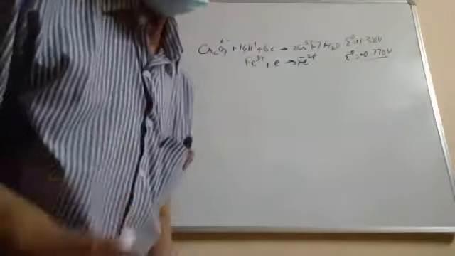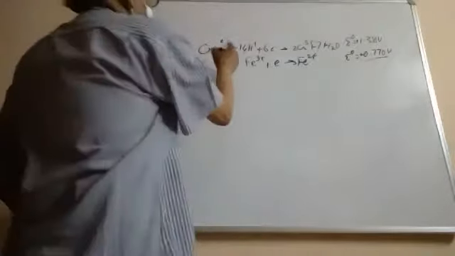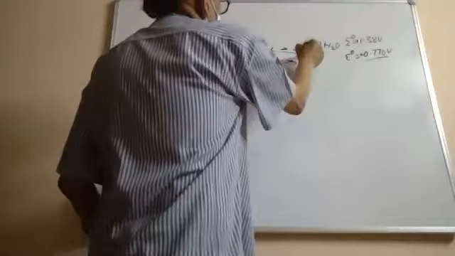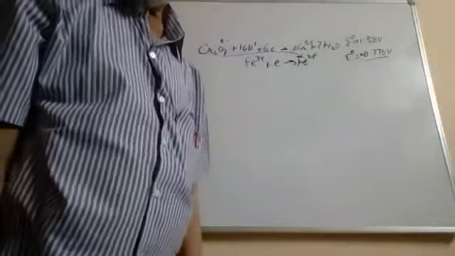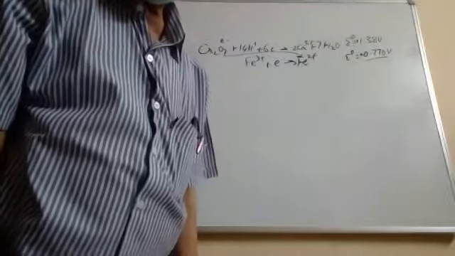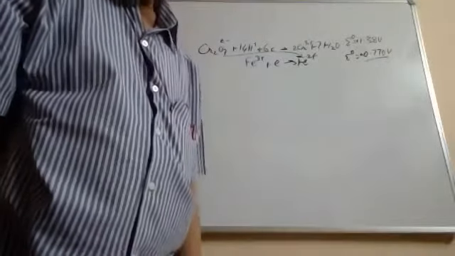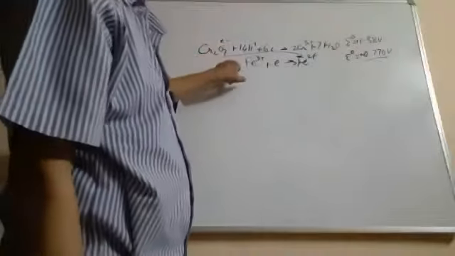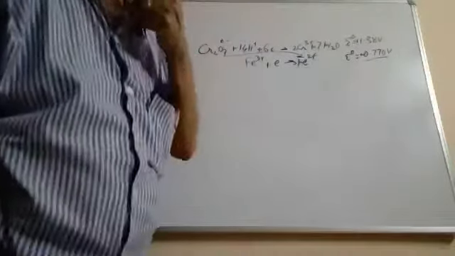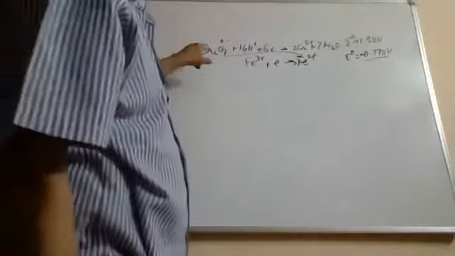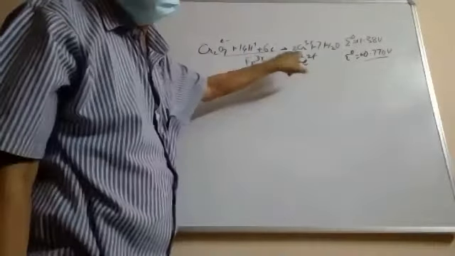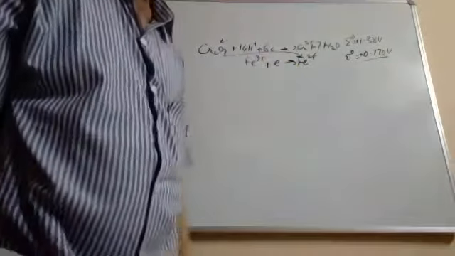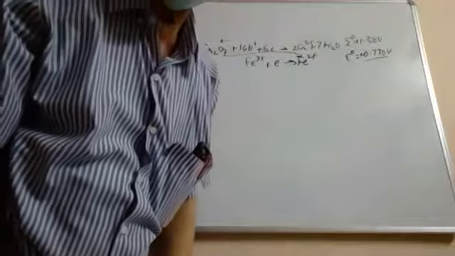Now my question here is, can I use dichromate to oxidize iron 2+ to iron 3+? In other words, I'm looking at the possibility, if I have two redox processes, can I do a titration using dichromate to oxidize quantitatively iron 2+ to iron 3+? Would that process be spontaneous or not?